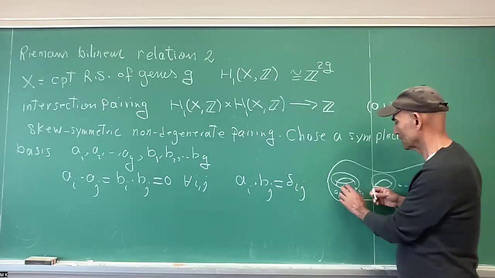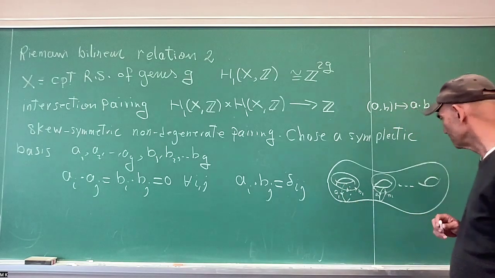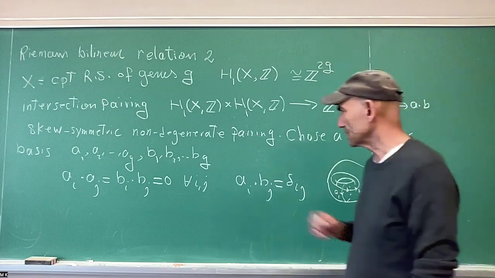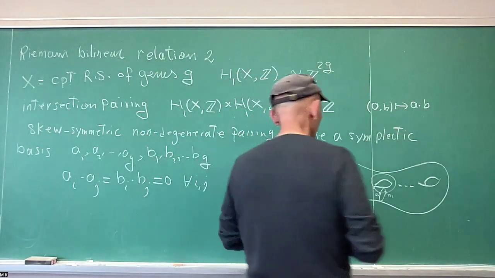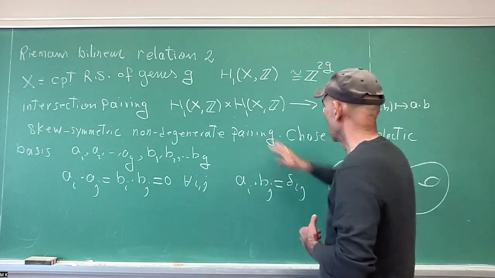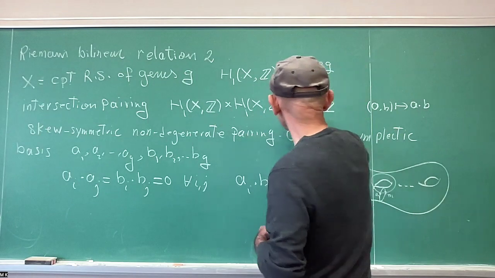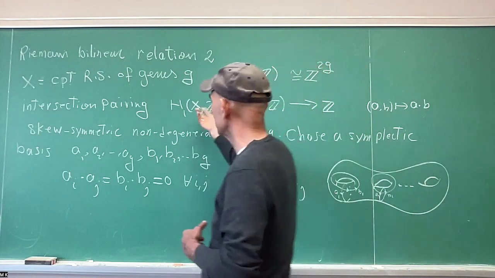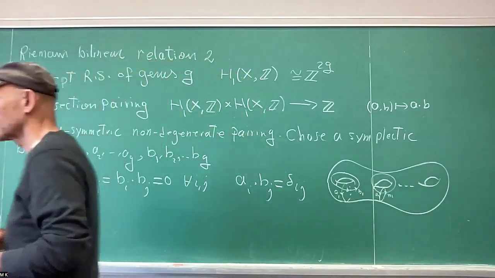But it's better to just choose it like that. So such bases always exist, and this is called a symplectic basis in analogy with symplectic vector spaces, where you have an alternating, non-degenerate, antisymmetric bilinear form on the vector space into the field. That's your symplectic vector space.